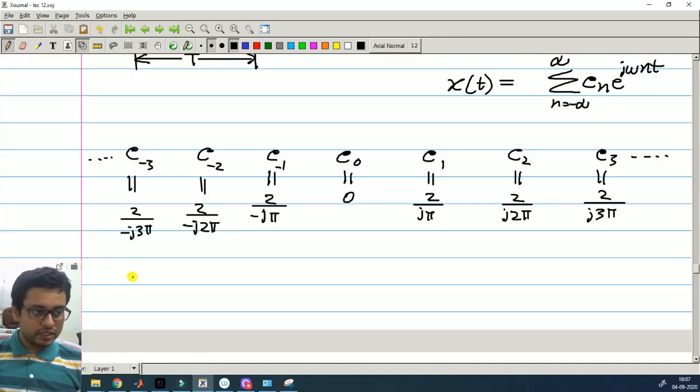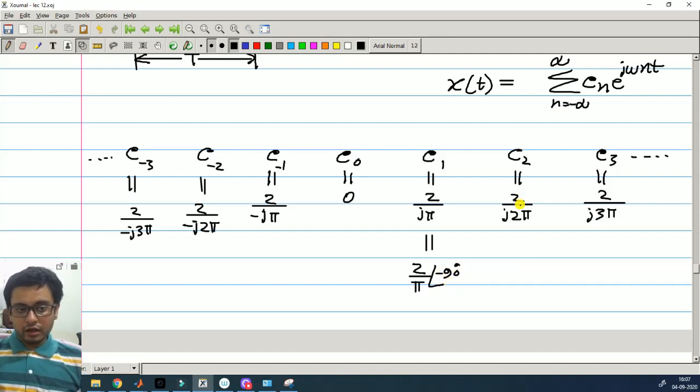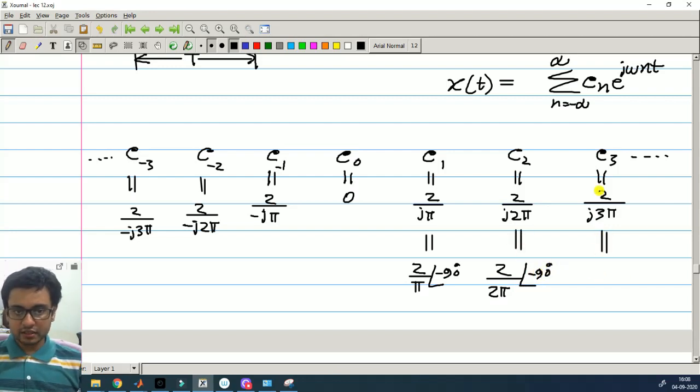Now, these numbers are all complex numbers in general, so we can write them in the form of magnitude and angle. The magnitude for this is 2 by pi and the angle of 1 over j is minus 90 degree or minus pi by 2. This has a magnitude of 2 over 2 pi with an angle of minus 90 degree, and this one has a magnitude 2 over 3 pi with angle minus 90 degree.